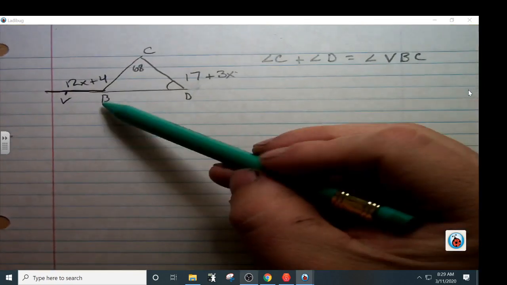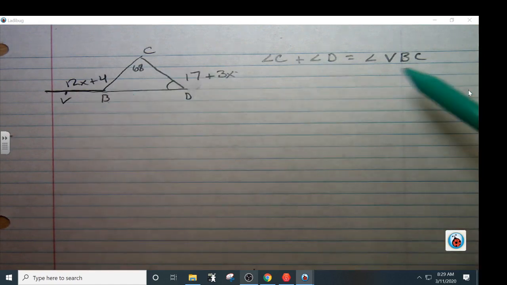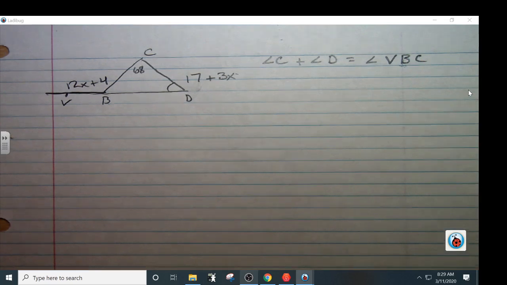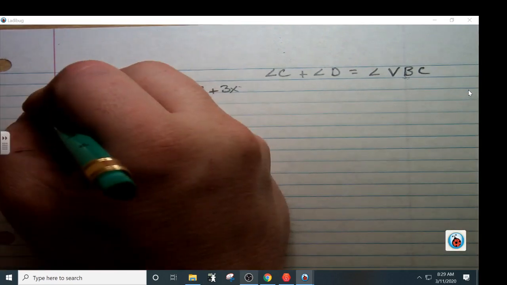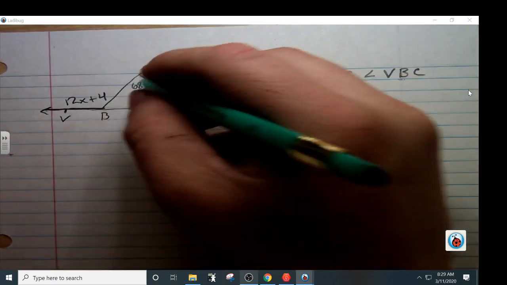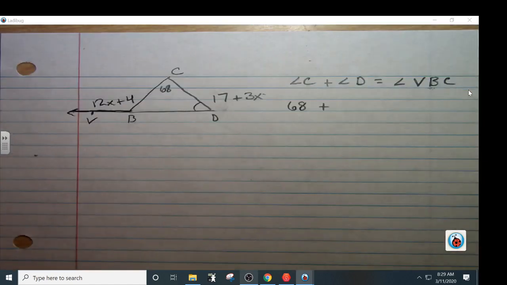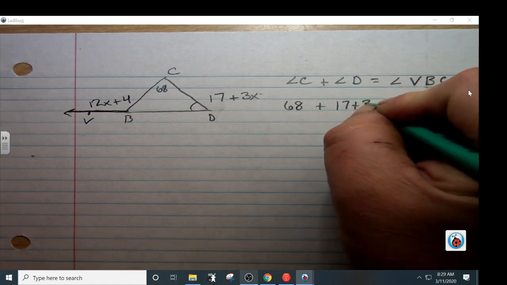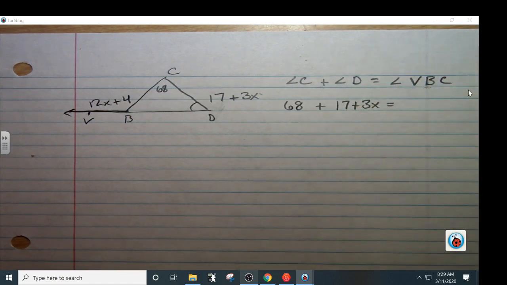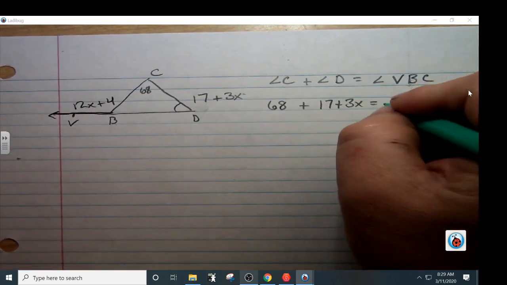Guys, notice once again my vertex where my outside angle comes together is at B. Notice that's in the middle. Okay, so angle C is 68. Angle D is 17 plus 3x. And angle VBC is 12x plus 4.